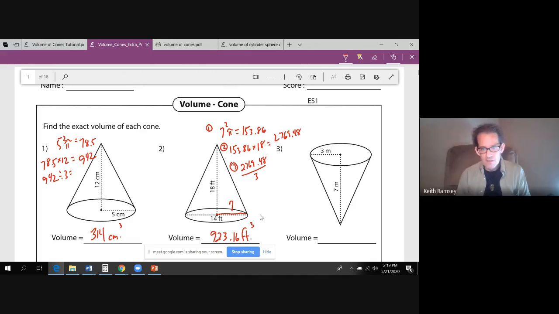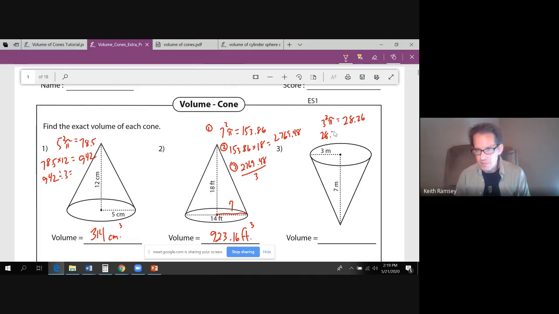Let's take a look at number 3. I hope you had time to do that. pi r squared would be 3 times 3 times 3.14. So 3 times 3 is 9. Times pi is 28.26. Step 2 is multiply that by a height of 7.